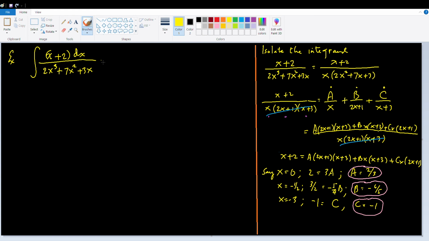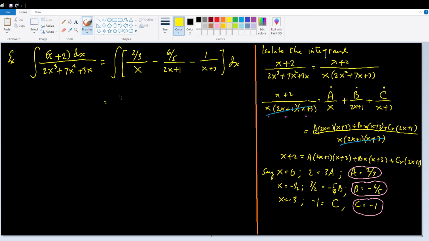So we go back to our integral and write this as the integral of a, 2/3 over x, plus b, which is negative 6 over 5 rather, over 2x plus 1, and c is negative 1 all over x plus 3, quantity dx. We integrate these three separately.